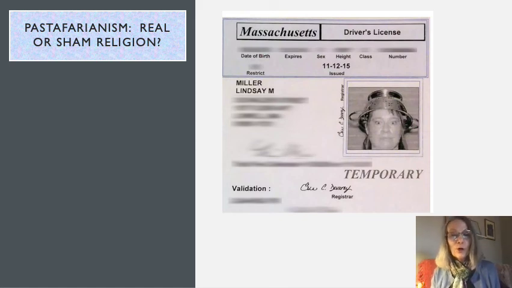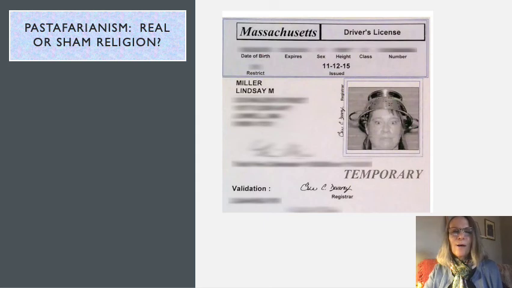And some of you might have heard of Pastafarianism. Pastafarianism is a secular religion that views the existence of the Flying Spaghetti Monster to be just as probable as the existence of the Christian God. So this is a group that has a belief system, and their belief system is basically about calling into question whether or not God exists.